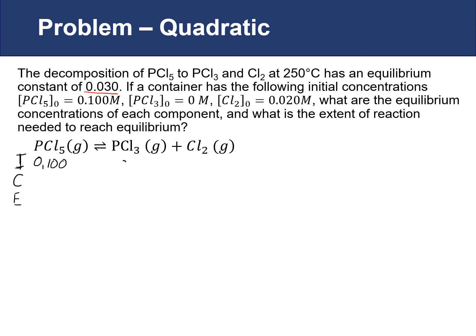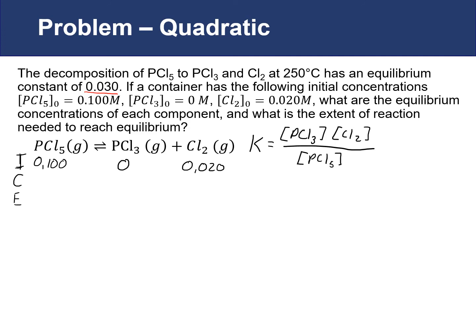Our initial values are 0.100, 0, and 0.020. If we write out our equilibrium constant expression, that is K is equal to our products over our reactants raised to their respective powers. PCl3 raised to the first power times our chlorine, Cl2 raised to the first power, divided by concentration of PCl5.